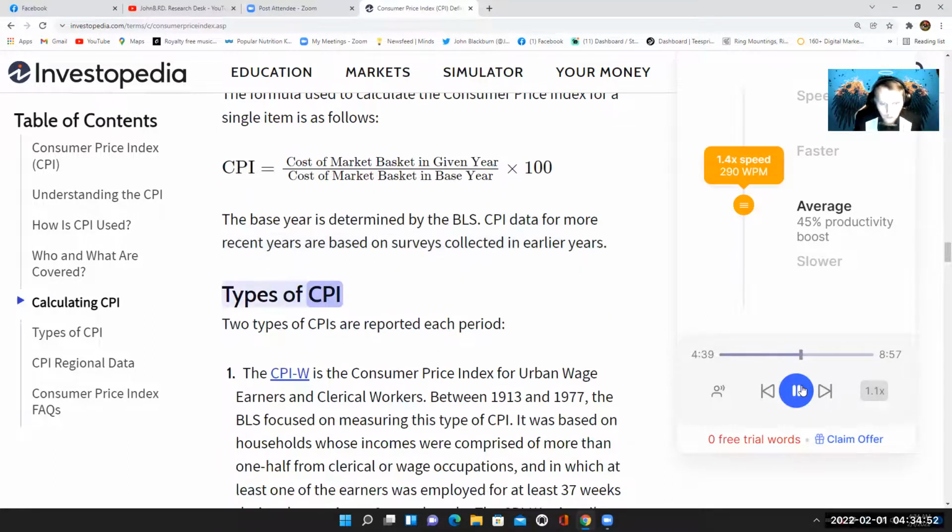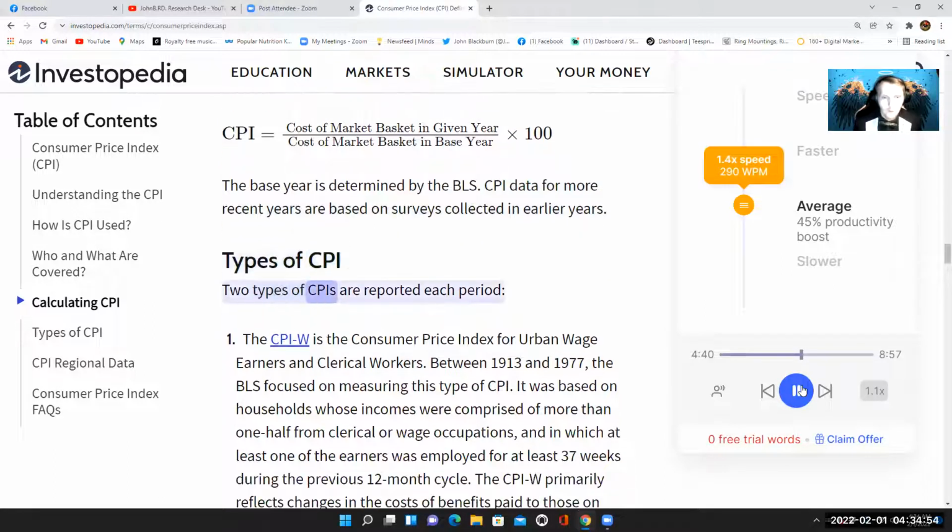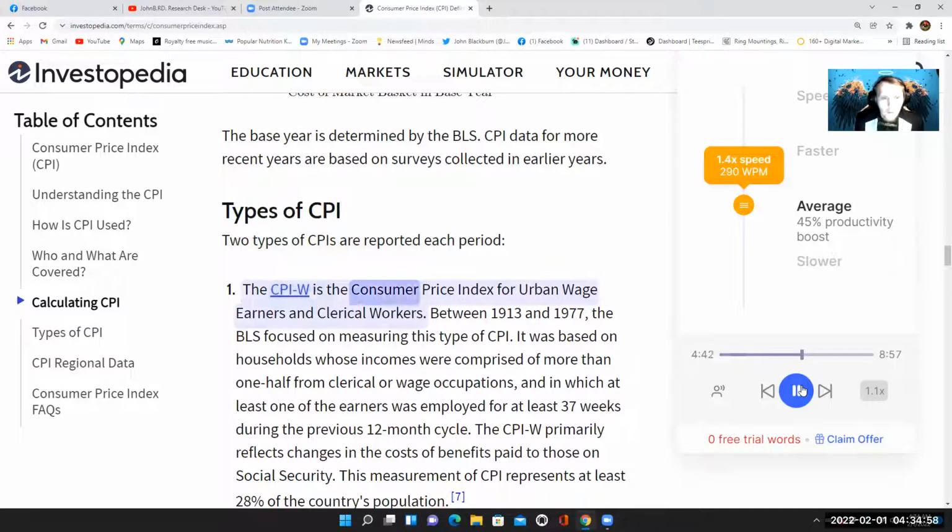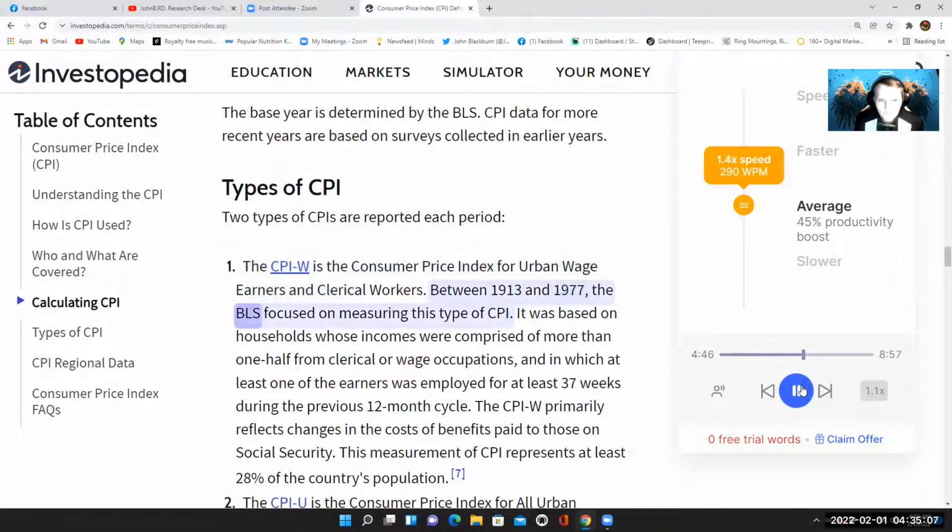Types of CPI. 2 types of CPIs are reported each period. The CPIW is the Consumer Price Index for urban wage earners and clerical workers. Between 1913 and 1977, the BLS focused on measuring this type of CPI.